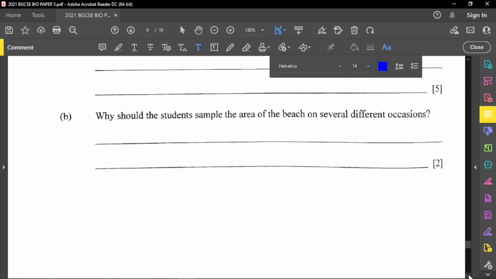So you want to ensure accuracy. I'm going to say consistency, but accuracy, to ensure accuracy in the abundance of each waste.